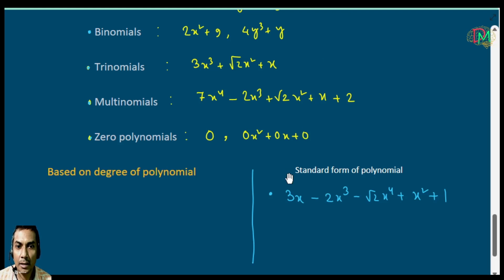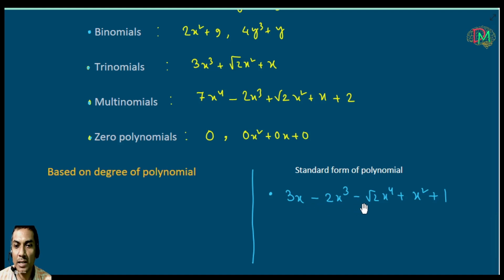Is this polynomial in standard form: 3x square, 3x minus 2x cube minus root 2x to the 4 plus x square plus 1? No, it is not in standard form, because the powers of the variable are not in ascending or descending order.